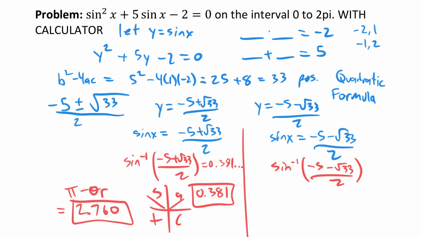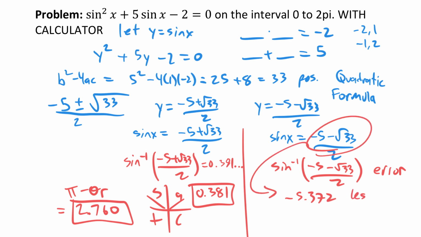If we do sine inverse of the answer with the negative included, we're going to get an error. And that's because our number, negative 5.372, is less than negative 1. So there's no solution. This is like that answer before where we had a 4. 4 is too big. It's bigger than 1. Negative 5.372 is too small. It's less than negative 1. So this branch of the question gives us no solution. So we have our two answers, and I think we're good to go.